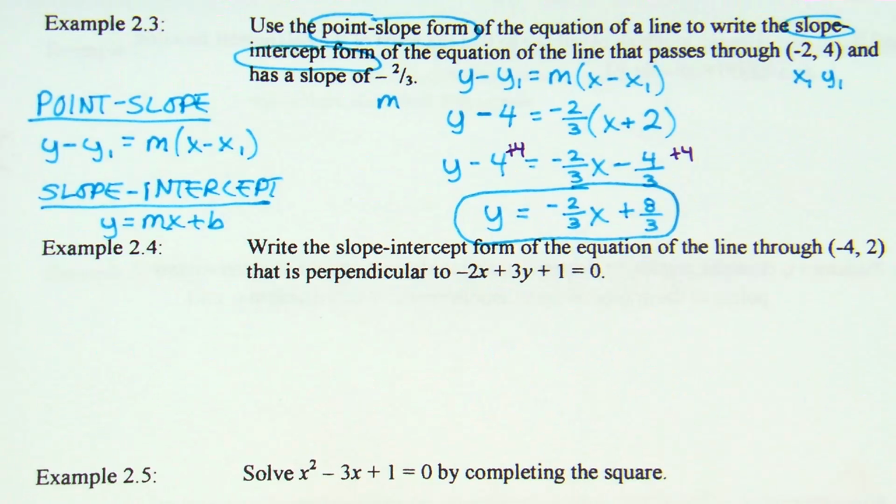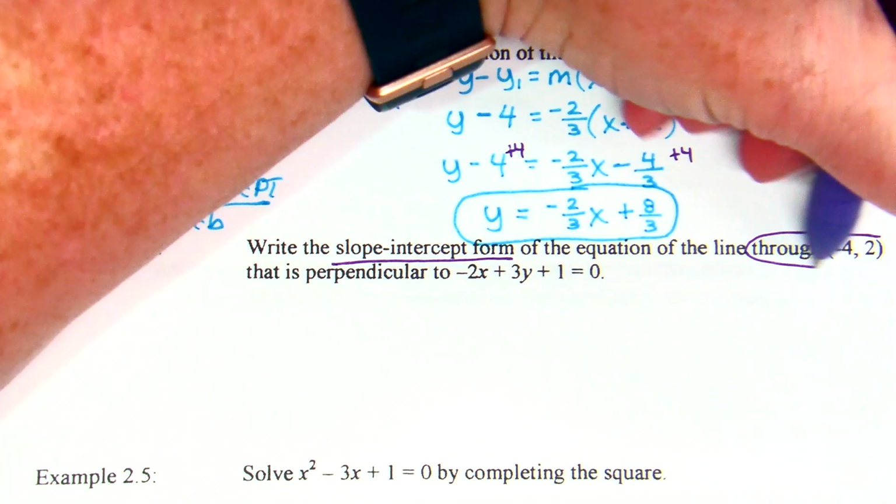Okay. Write the slope-intercept form of the equation. So we already talked about slope-intercept form of the line through -4, 2 that is perpendicular to -2x plus 3y plus 1. So slope-intercept form through -4, 2 and perpendicular. Well, yep.